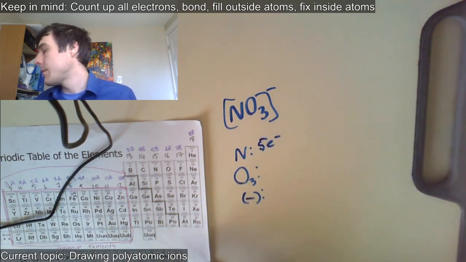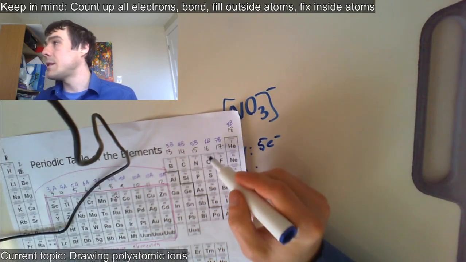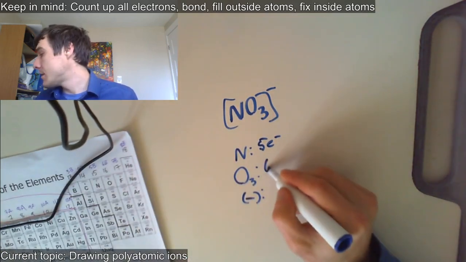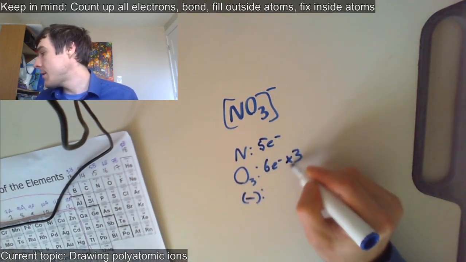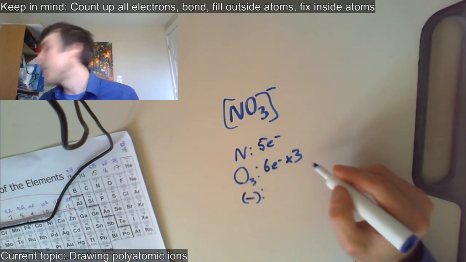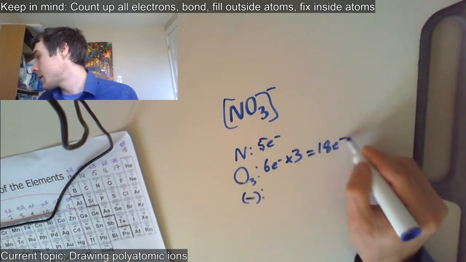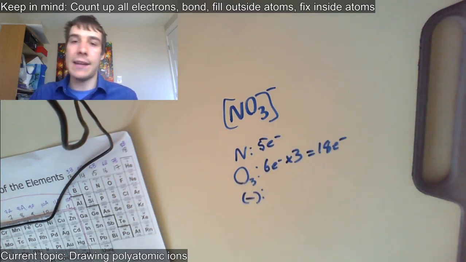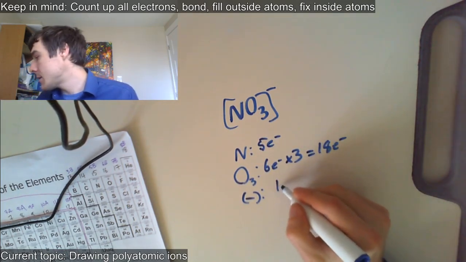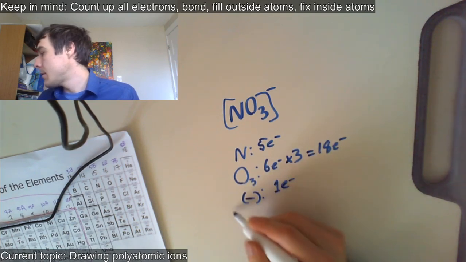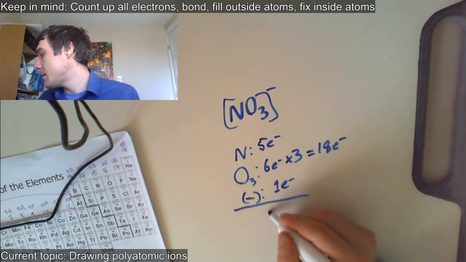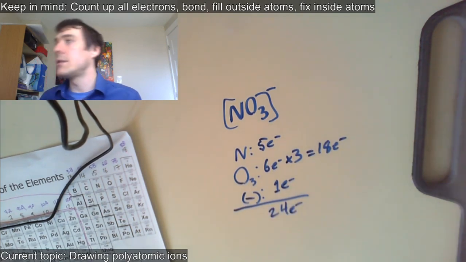Oxygen is in group 16, so it has 6 valence electrons, but there's 3 of them because there's 3 oxygens. That's 18 electrons. And the negative charge means we have 1 extra electron in our molecule, so that's 1 electron. So when we add it together, 5 plus 18 plus 1 is 24 electrons in this molecule.